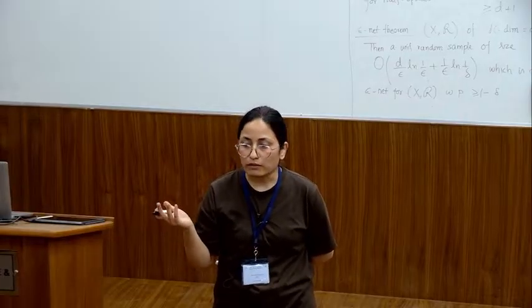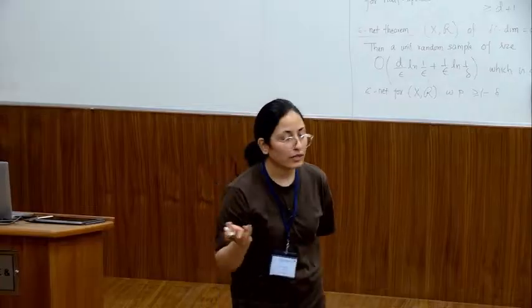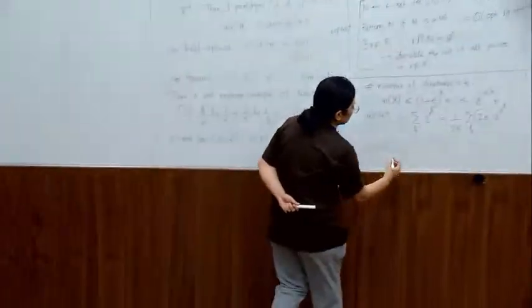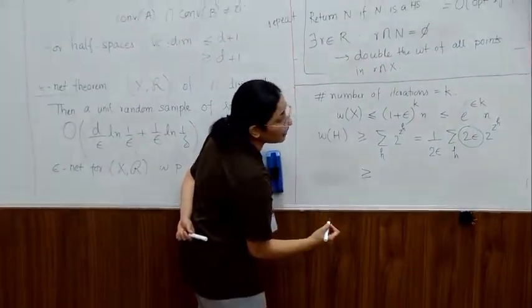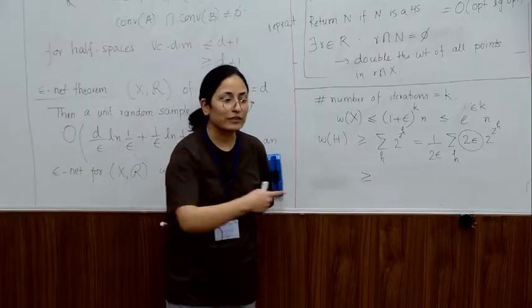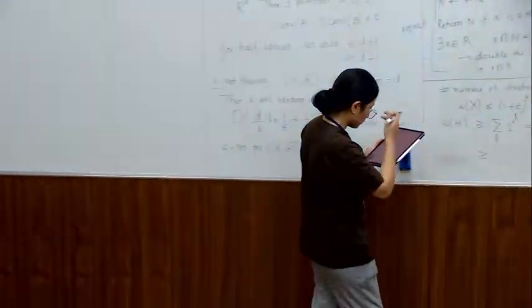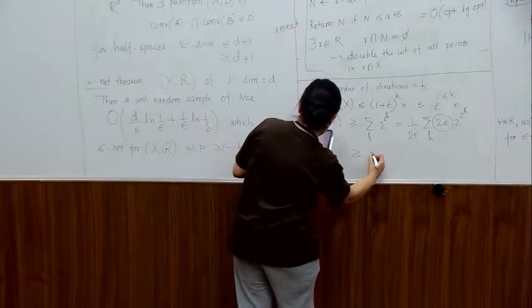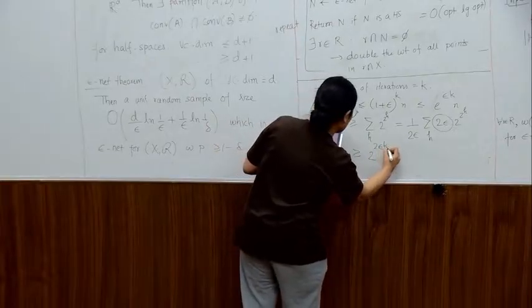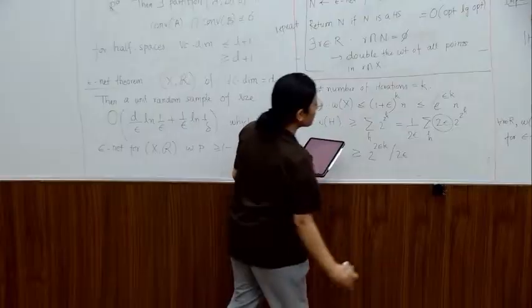Jensen's inequality can be invoked. I don't have time to do all the calculations, so I just take a look at my notes and write the final thing here. So this comes out to be 2 to the 2 epsilon k over 2 epsilon, right?